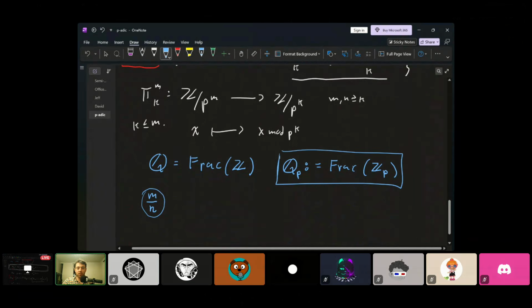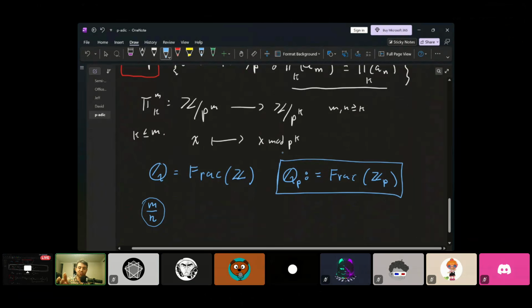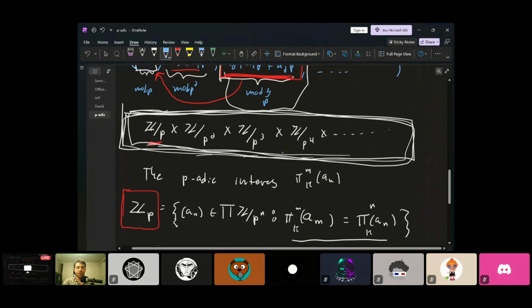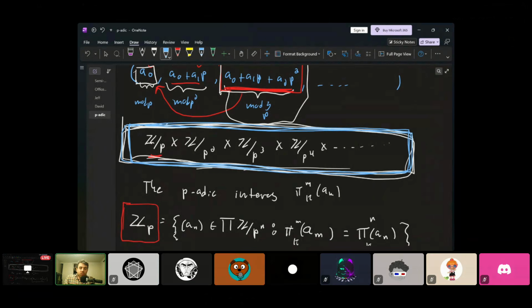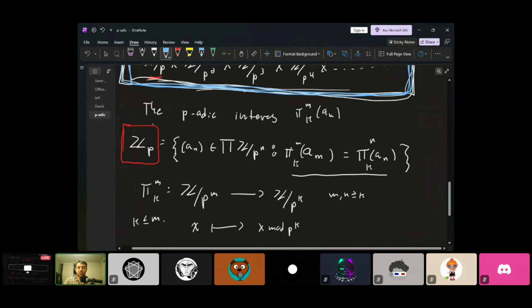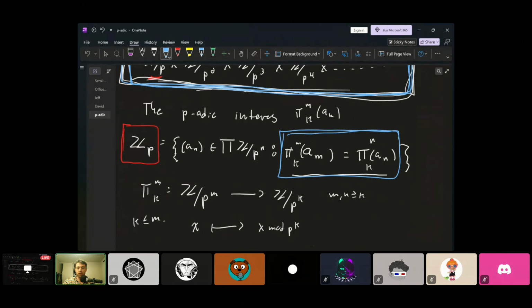But maybe I should say what the ring operations are, since this point about the operations just came up. Looking at this big infinite product, you might think, well, this is a product of rings. Is this still a ring under component-wise addition and multiplication? And yes, it is. The only thing you need to check is that if you took a product or added two elements of the ring, you wouldn't end up with something that fails this condition.